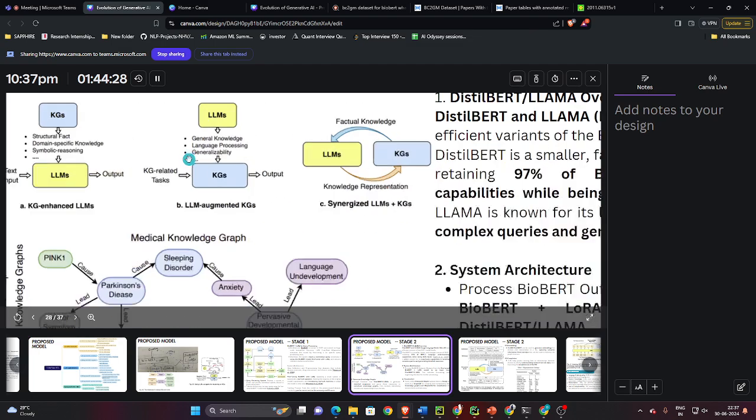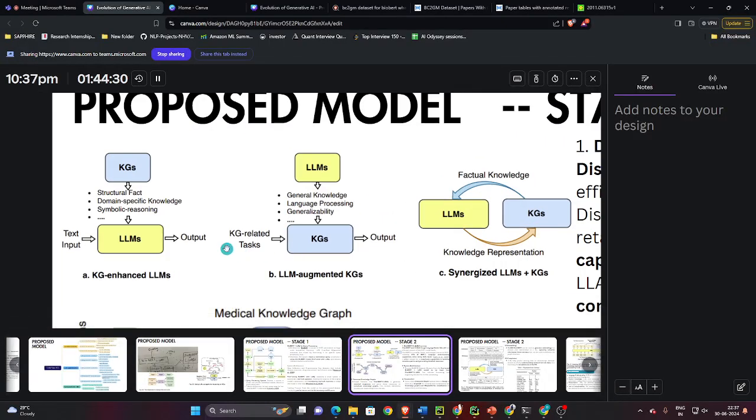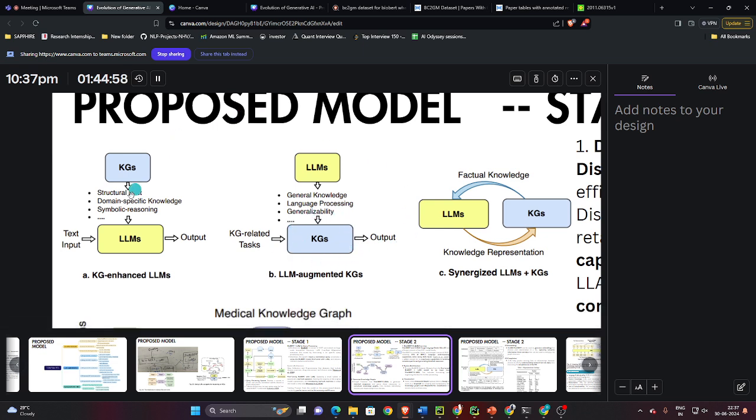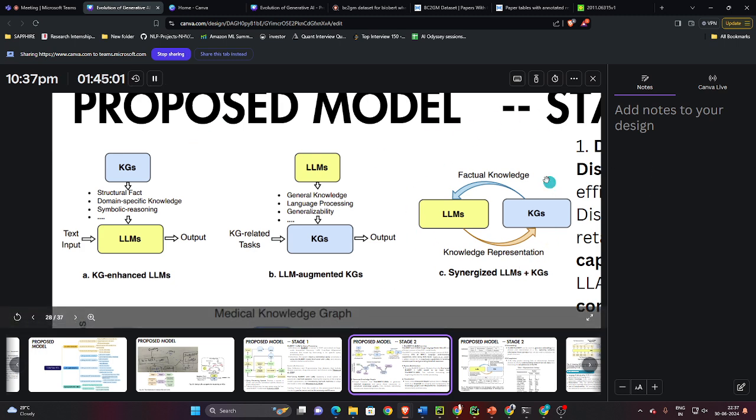One is using textual input: KGs give structural fact, domain-specific knowledge, and symbolic reasoning to the LLMs, and the LLM acts as the agent to retrieve specific information from the KG and give that as output. The second one is KG related tasks. When we ask the LLM to build a KG, it gives general knowledge, language processing, and generalizability to build this KG and gives that output. And when these two combine, it becomes a synergy.